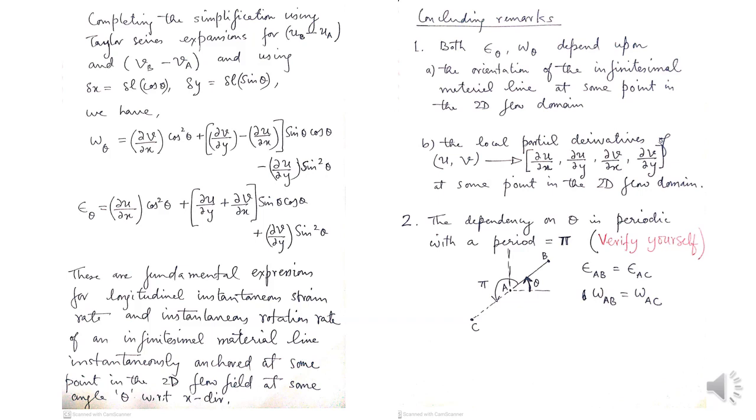Why? Because these are the displacements of the other end of the material line, B. So since we need UB minus UA and VB minus VA from the Taylor series, we have to substitute the appropriate displacements delta x and delta y, which correspond to the other end of the infinitesimal material line, that is B, and perform the dot product.